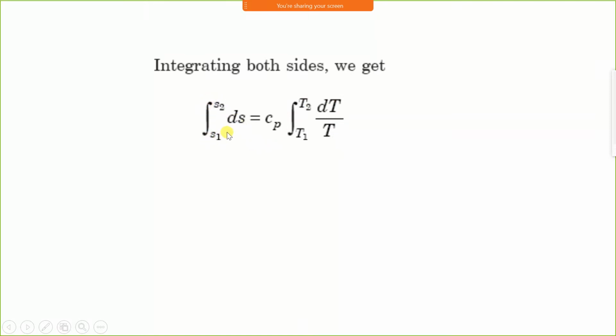Therefore, the integration of dS from S1 to S2, and the integration of dT by T from T1 to T2. The integration of dS is S2 minus S1 and the integration of dT by T is Cp log base e of T2 by T1. Now, remember here it is Cp. This is the final formula for change in entropy in a constant pressure process. For a constant volume process, only replace Cp by Cv.